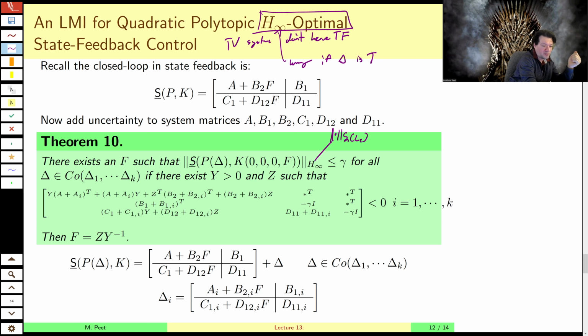So it is wrong if the delta is time varying. What I emphasize is that the word H-infinity there is wrong if the system is time varying.